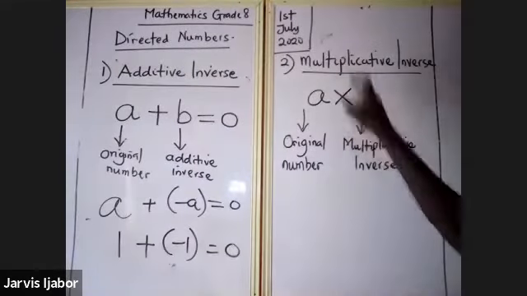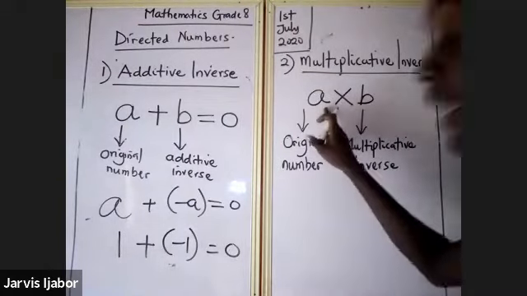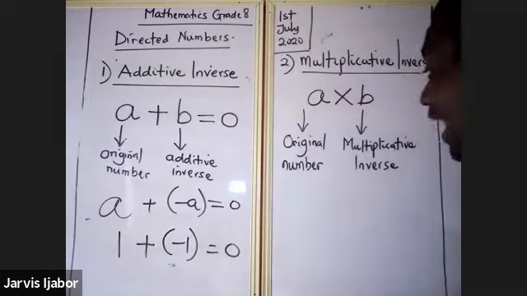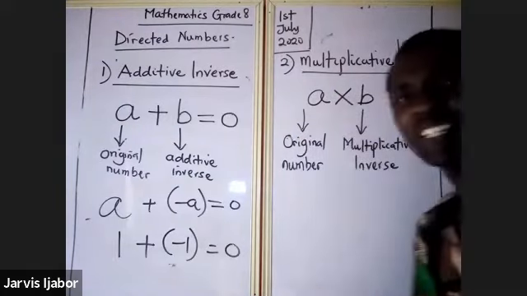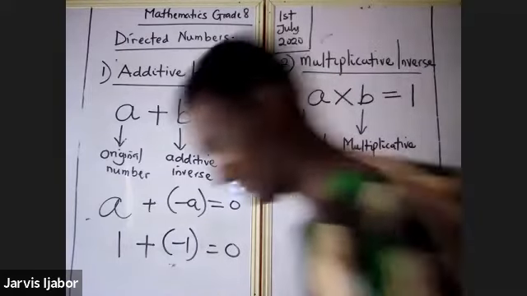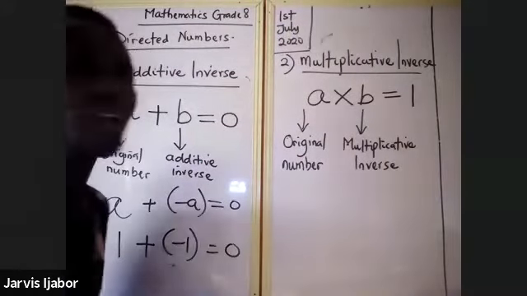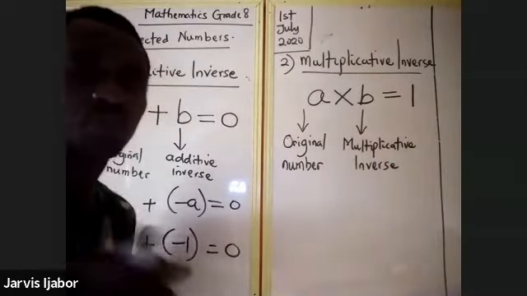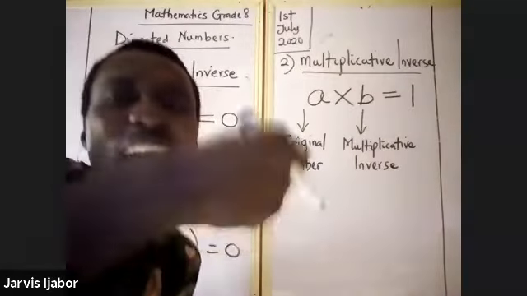All right, we are on to multiplicative inverse. A is a number. When I multiply it with what is called the multiplicative inverse, the answer must be 1. So, what is another word for multiplicative inverse? The multiplicative inverse is the reciprocal of that number.